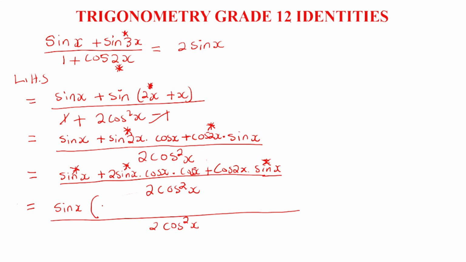Then here, in brackets, we're going to be left with 1 because we removed the common factor of sine x, so that when you multiply out, you'll be able to go back here. We managed to do that one. Plus here we remove sine x. We're going to be left with 2, and then cos times cos, we're going to have cos squared x. Then we remove sine x here, therefore we're going to be left with 2 cos 2x, all in closed brackets.